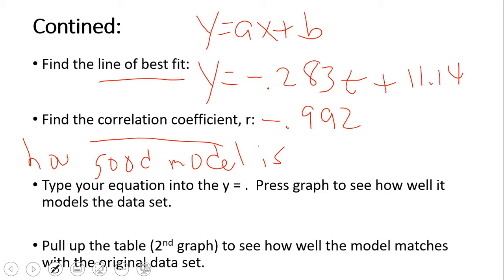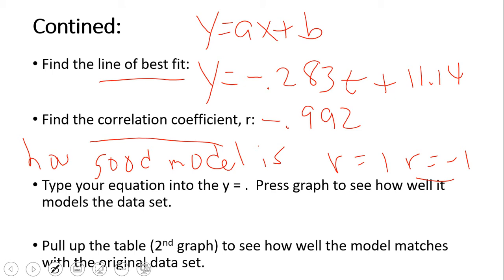Here's the thing about r. The closer that r is to 1 or negative 1, the better your model is. Let's say that your r was a positive 1. That means that your data has a perfectly linear positive relationship. That's the best that it could be. Let's say your r was a negative 1. That means your data has a perfectly negative linear relationship.